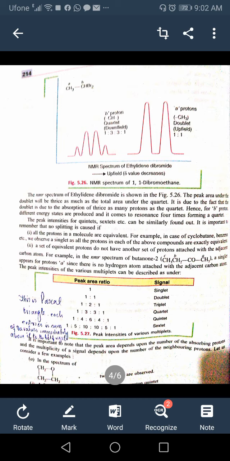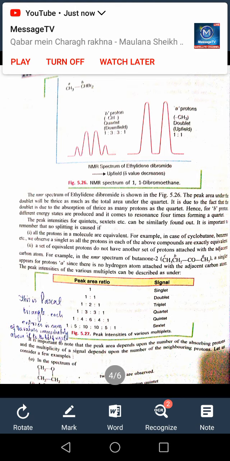The second very important point is that splitting is not affected by increasing or decreasing the external magnetic field. Third, splitting has a specific ratio of heights or intensities, while no specific intensity ratio is present in two, three or four independent signals.